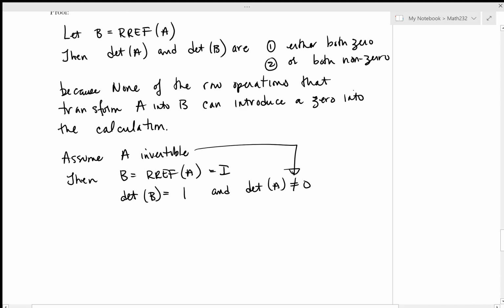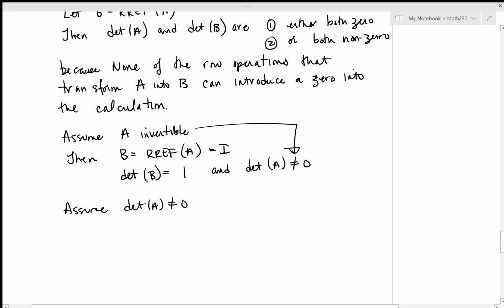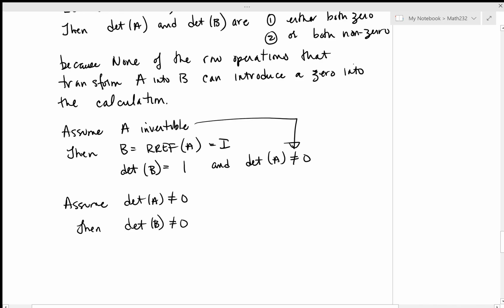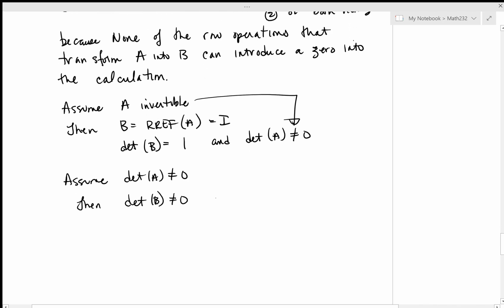Okay, let's go the other way. Assume the determinant of A is not 0. Then the determinant of B is also not 0. That implies that B does not have any 0 rows.